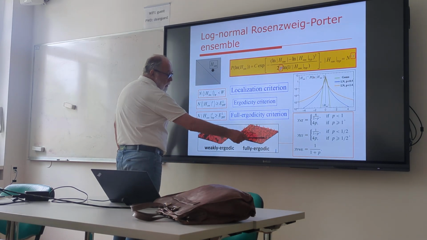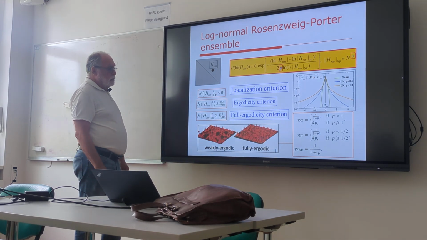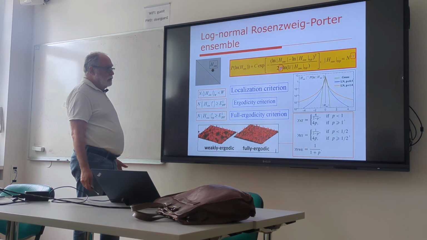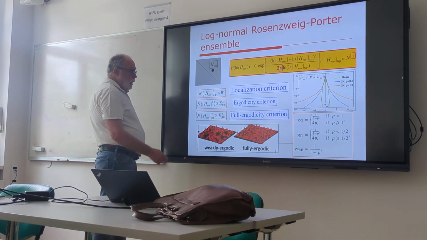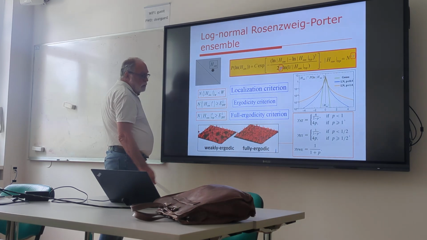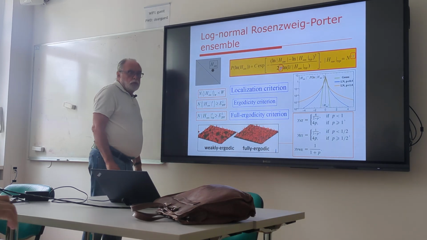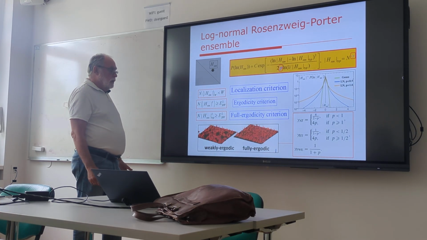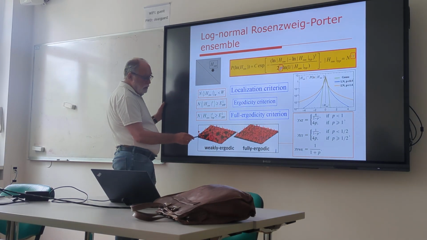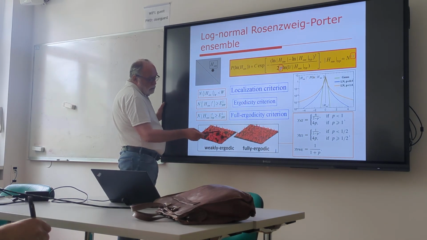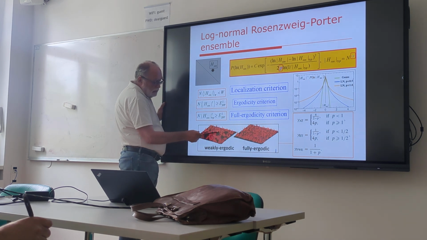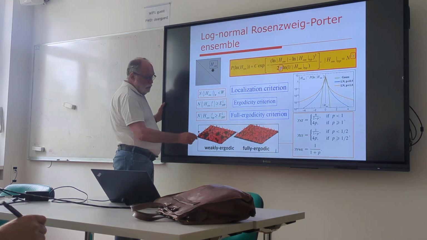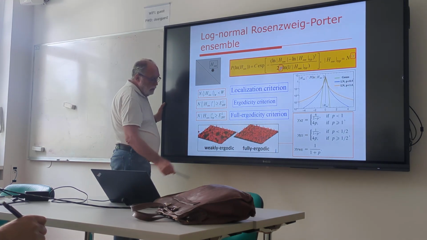The fully ergodic situation is like the random matrix of Wigner and Dyson, so the Porter-Thomas distribution. And what I call weakly ergodic is the situation where the Porter-Thomas distribution is violated, and the wave function looks generally similar to that, but there are some regions where the wave function is small. So there are some, so to say, holes.